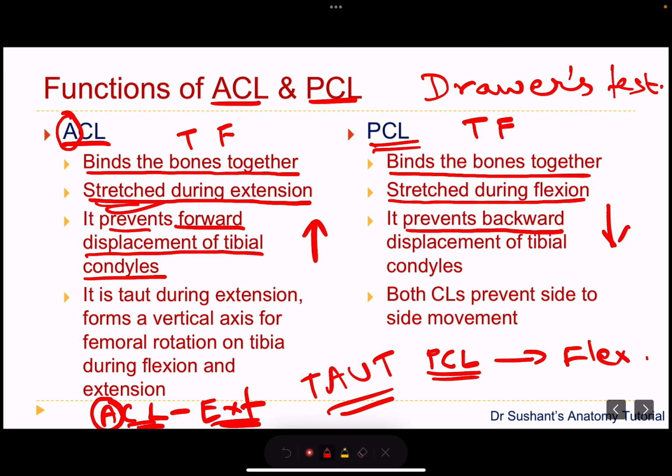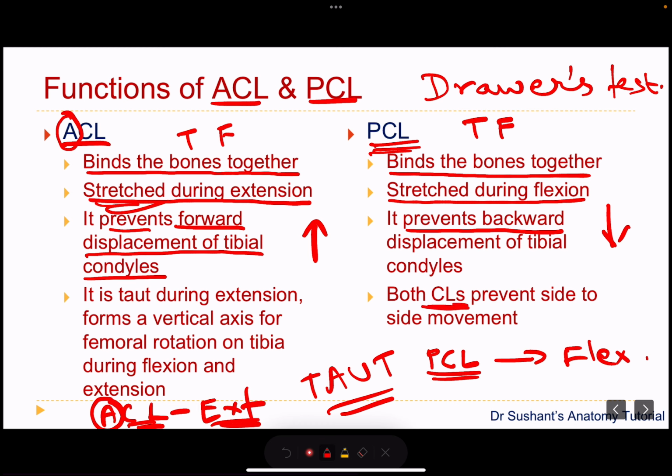So anterior displacement of the tibia is prevented by the anterior cruciate ligament. Posterior displacement of the tibia is prevented by the posterior cruciate ligament.